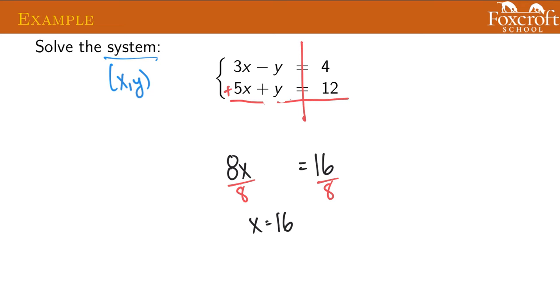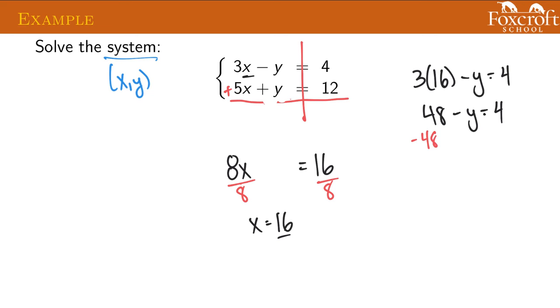I tend to use the one with the smaller numbers, so I'm going to use the first one. So 3 times 16, now we know x has to be 16, minus y equals 4. Now we just need to solve this equation for y. 3 times 16 is 48, minus y equals 4. I can subtract 48 from both sides.